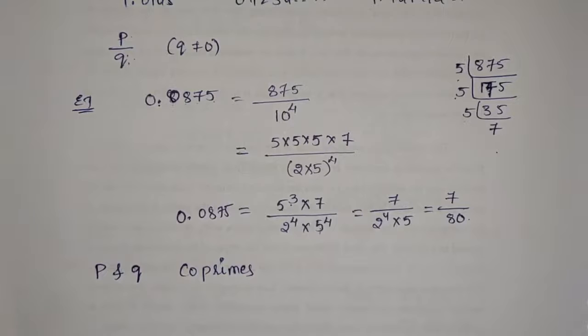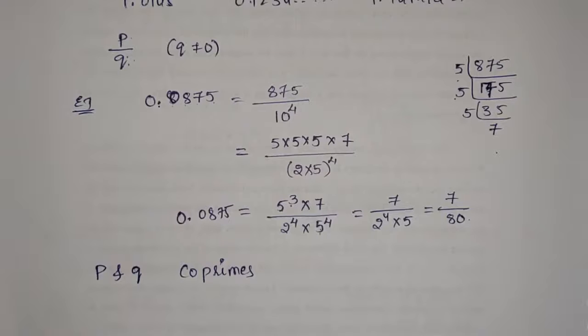Already you know, I think. Here 7 and 80 have no common factor other than 1, so those two are co-prime numbers. For any terminating decimal form, we can write it in the form of p by q, where p and q are co-prime numbers.